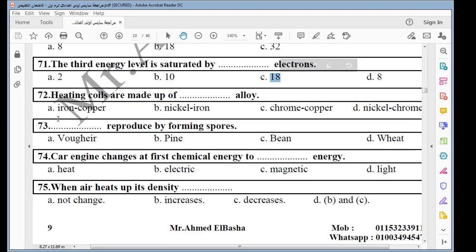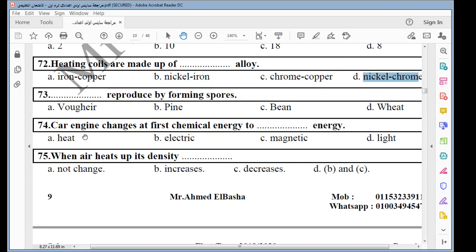72. Heating coils are made of space alloy, nickel chrome. 73. Space reproduce by forming spores, fungi.